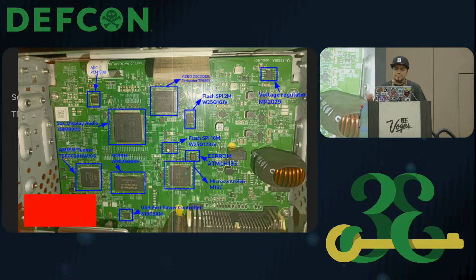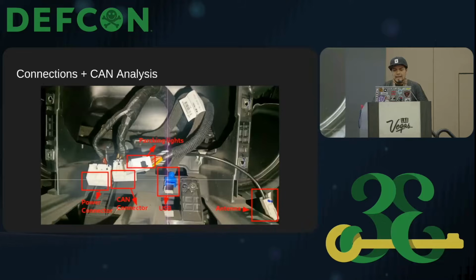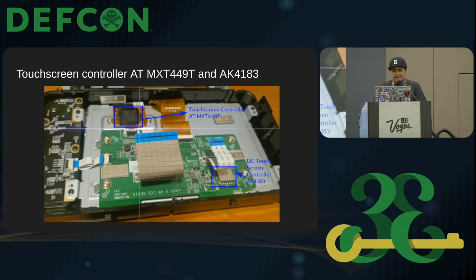The system on chip communicates with the SPI and also with the EEPROM, and the 2 megabyte SPI has the factory reset binary, okay? On the backside we have the power connector, CAN connector, USB, the antenna, and the parking lights. On the backside we also have two touch screen controllers: the ATMXT449, a capacitive touch controller, very similar to the red fingerprints, okay?